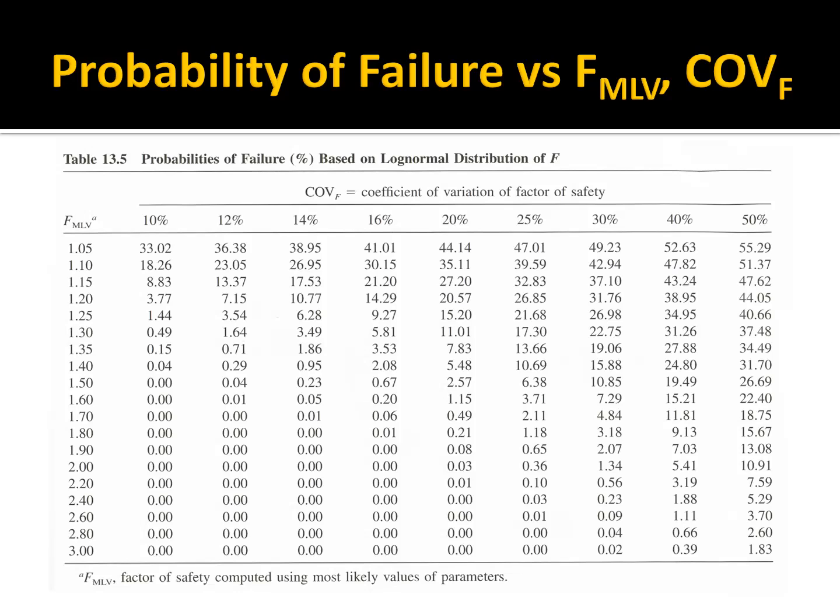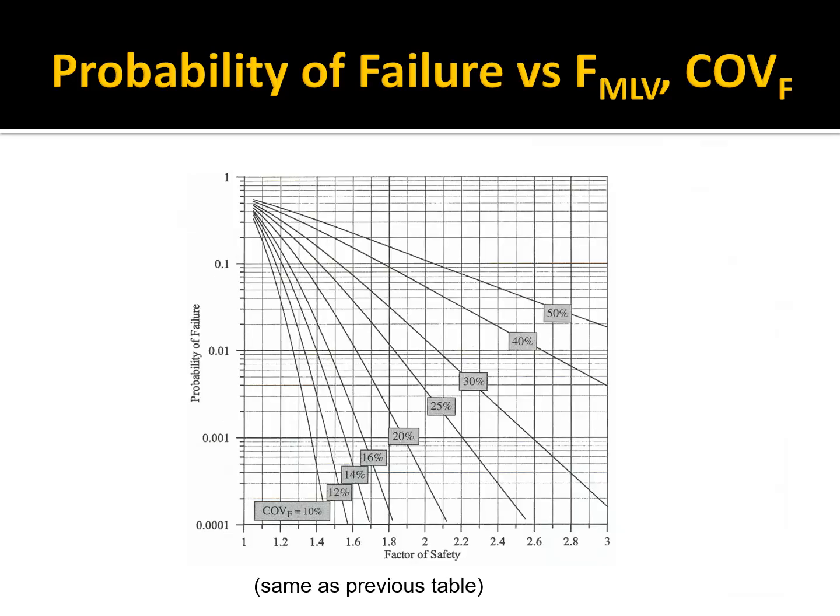And again, once we have the FMLV, the factor of safety computed using most likely values of parameters, and the COFV, the coefficient of variation for the factor of safety, we can use this table, do a double lookup, and calculate the probability of failure. There's a mathematical relationship between the probability of failure and these two terms.